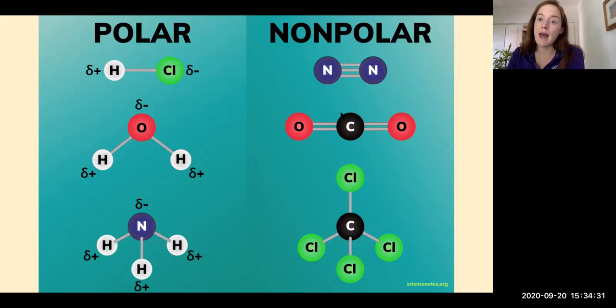So here you can actually have a polar bond, but a non-polar molecule overall, because the two poles, we couldn't cut this molecule and say, here's the negative side, here's the positive side. The negative sides are on the outside and the carbon is in the middle.